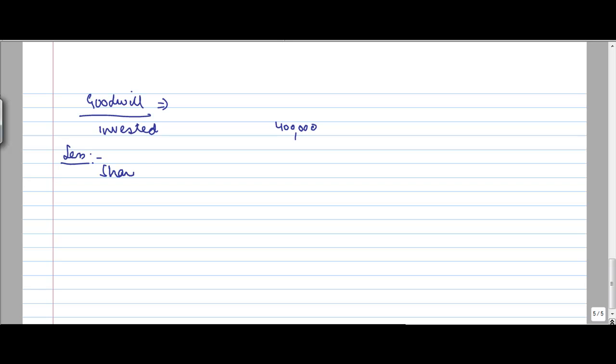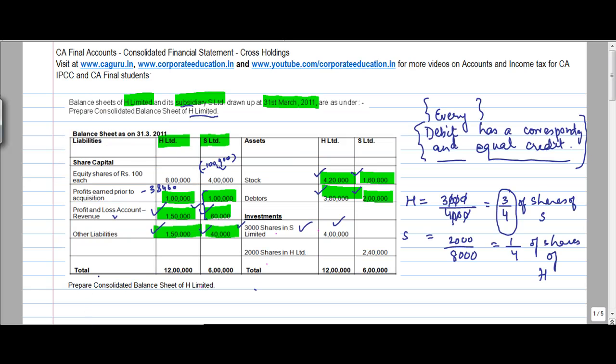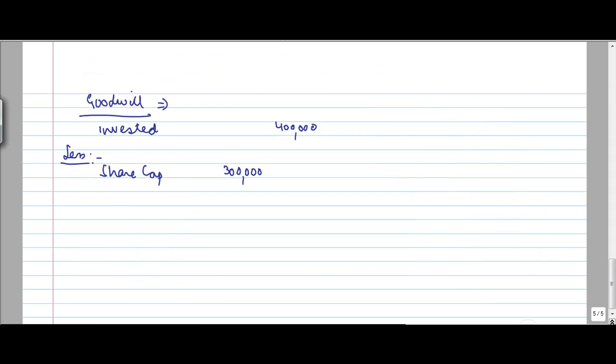I get the share capital of 3 lakh. And I also got something else. What was that? Whatever profits were earned by S Limited prior to acquisition, I also got a share out of it.